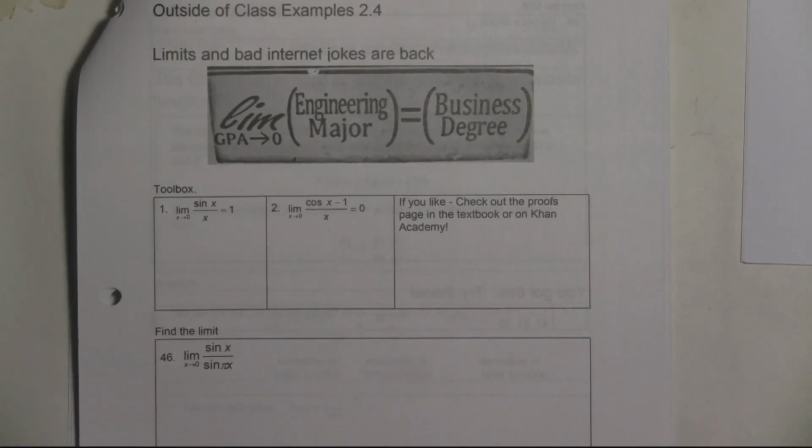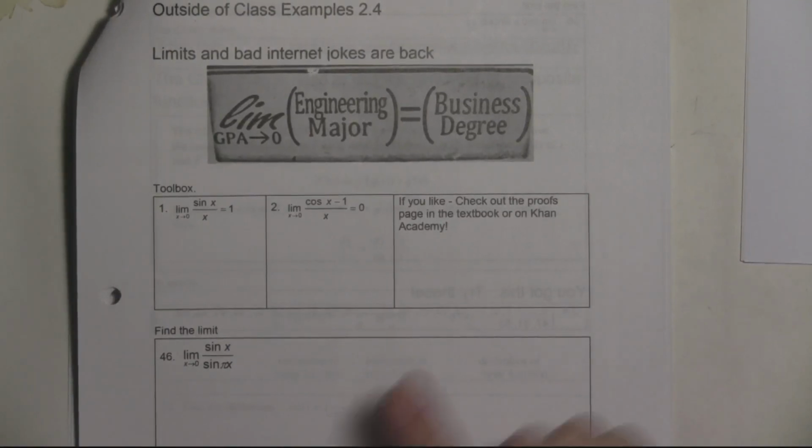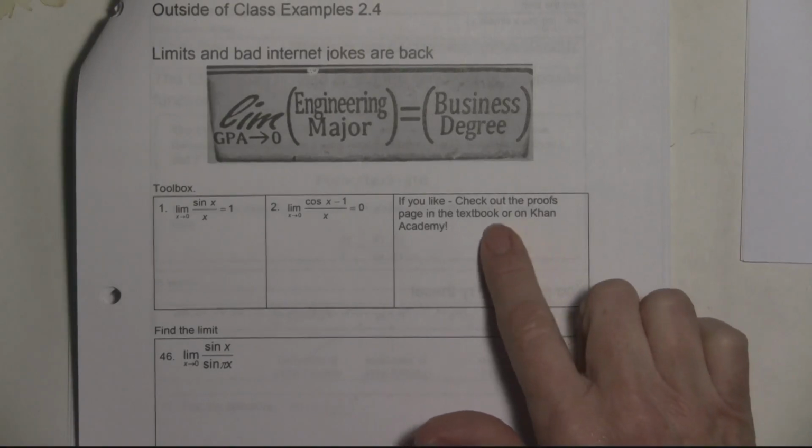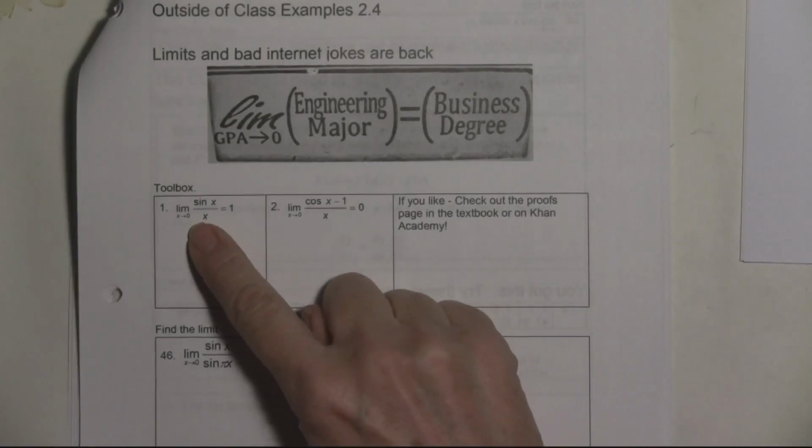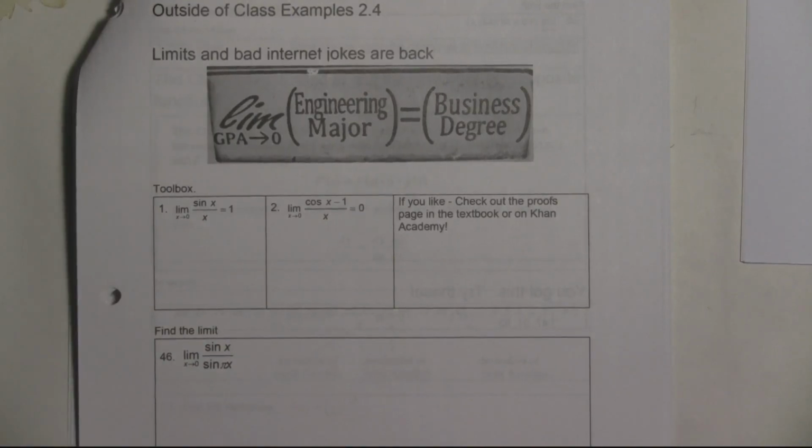I hope that you went and looked on Khan Academy and also in your textbook and saw the proof that the limit as x approaches 0 of sine of x divided by x is equal to 1. It's actually not that easy to prove, and you have to have quite a few things up your sleeve to prove it, including the squeeze theorem.